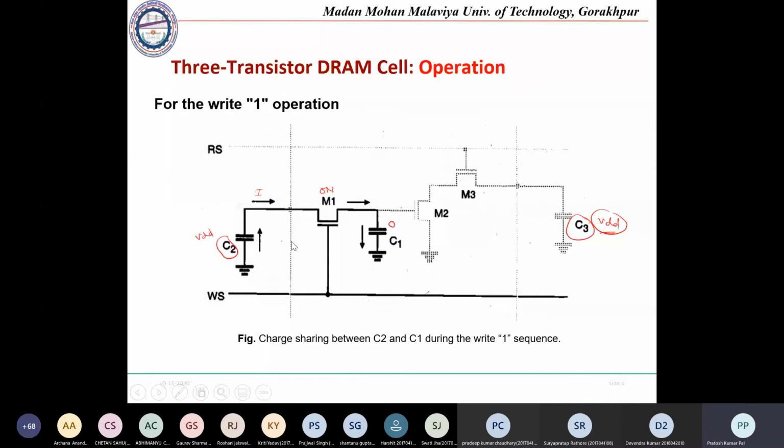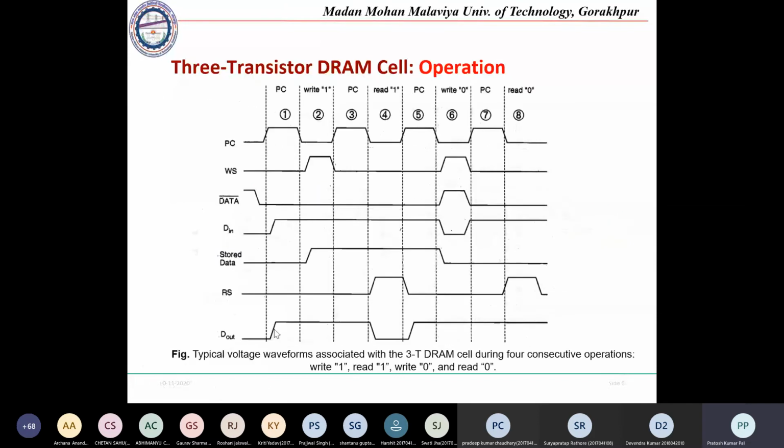the data in logic should be equal to 0. Or we can say the C2 capacitor voltage, which was initially VDD after pre-charge, will be discharged while writing 0 by using the data in bar, data bar, that we have connected here.